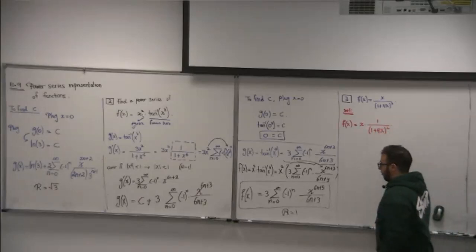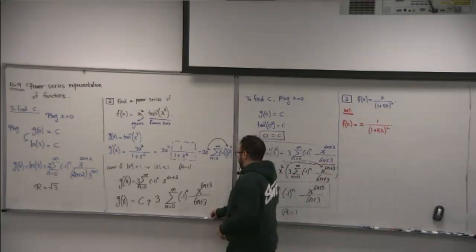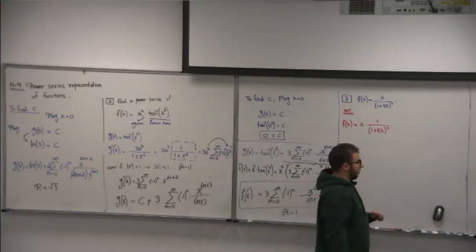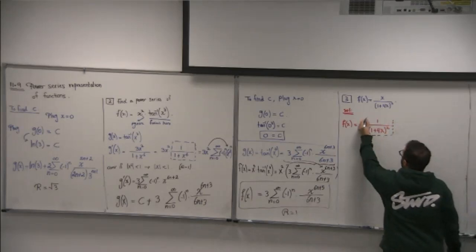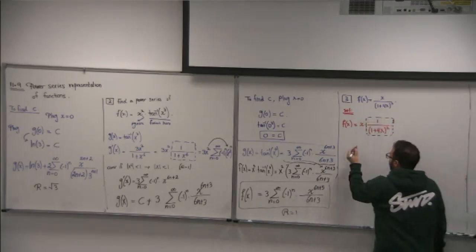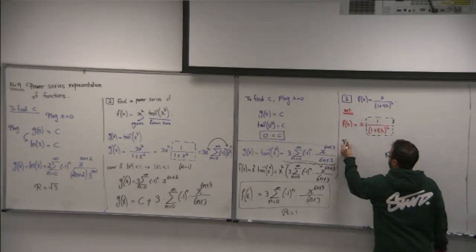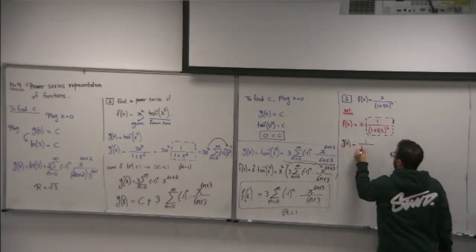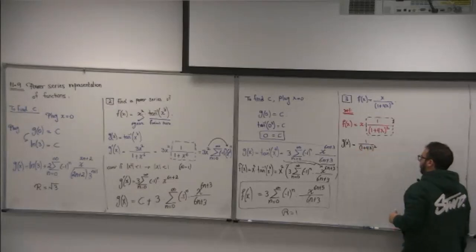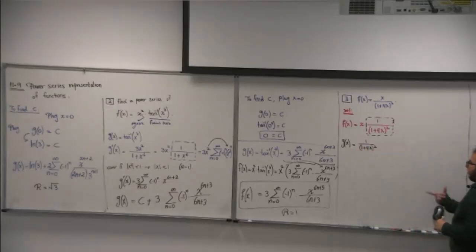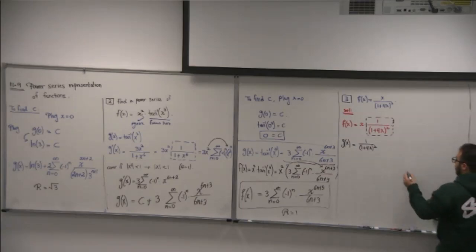Okay. Now, I have to focus on this now. So if you want to call it g of x, call it g of x. Okay, integrate that. We said things on this form, we will integrate them.